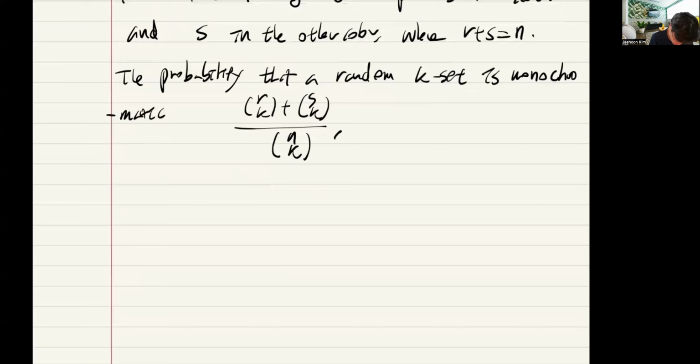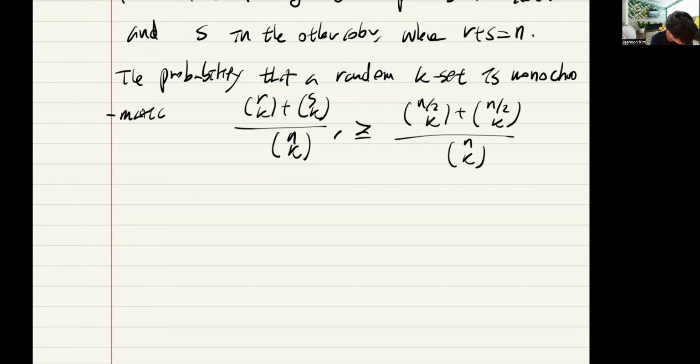And this is always at least ((n over 2) to the k plus (n over 2) to the k) divided by n to the k. So this is minimized when r and s are the same, because this function is convex.